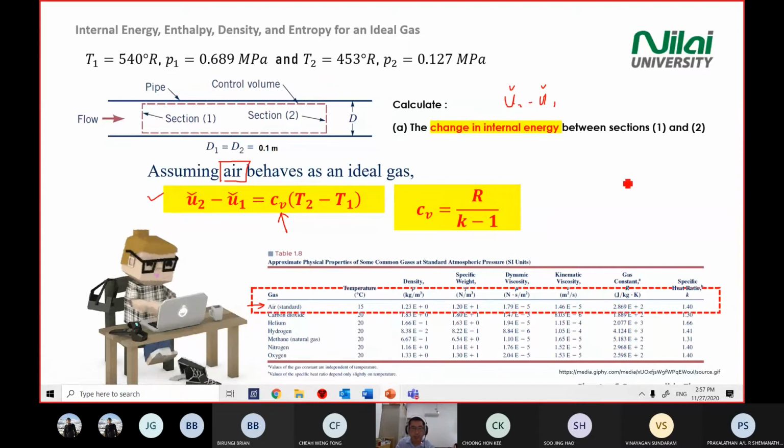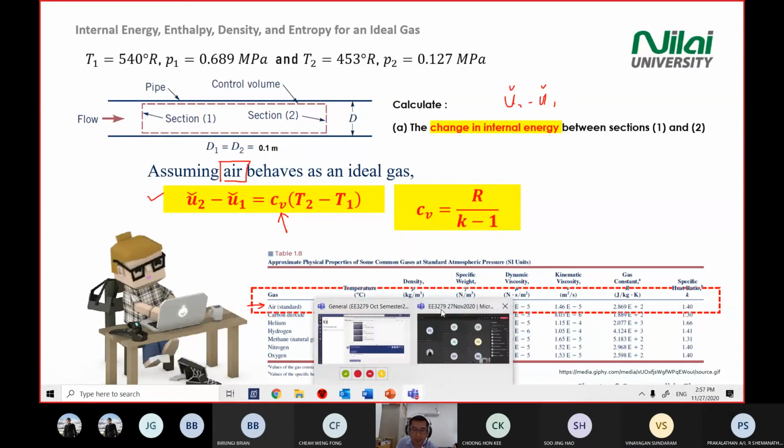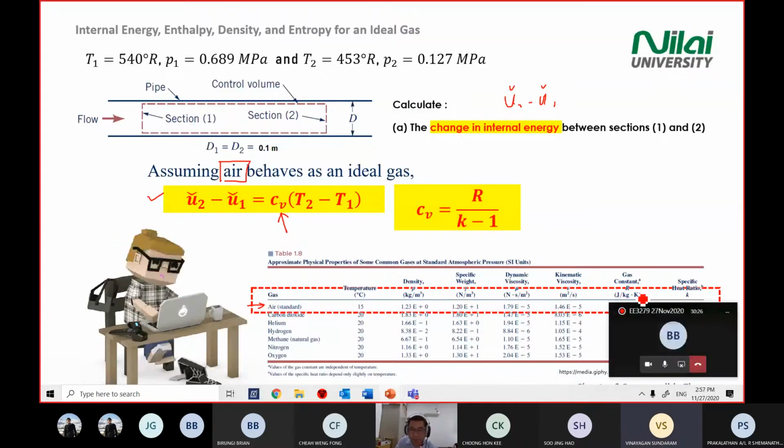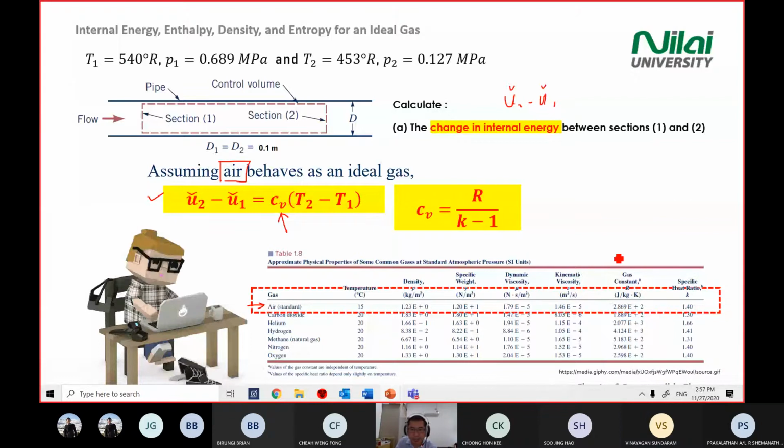Okay, right. I'm going to ask a question again, just to test whether you understand this table or not. Vina, are you there? Yes, sir. Okay, Vina, from this slide, what is the K value for air at 15 degrees C?